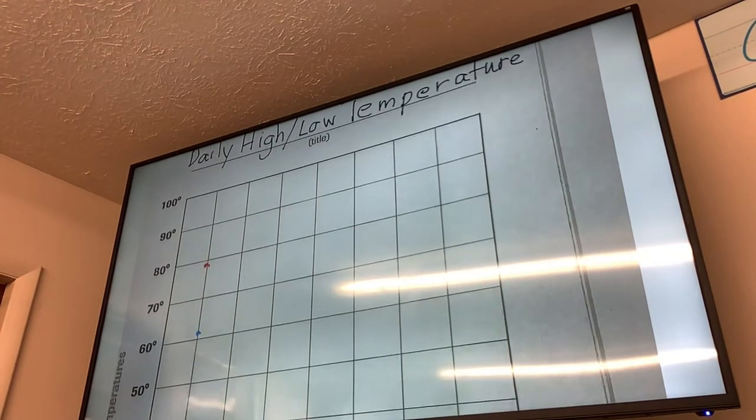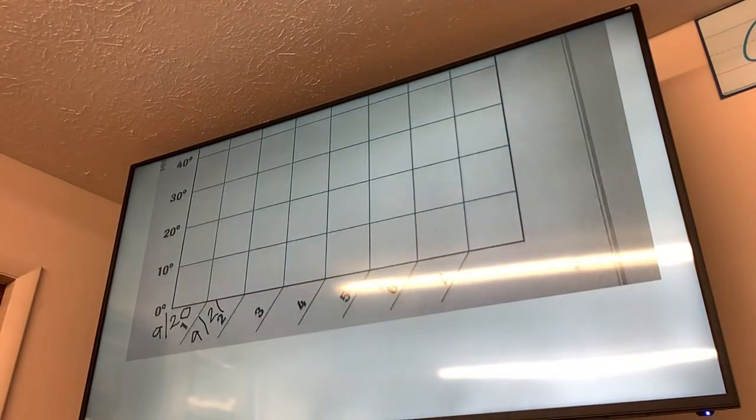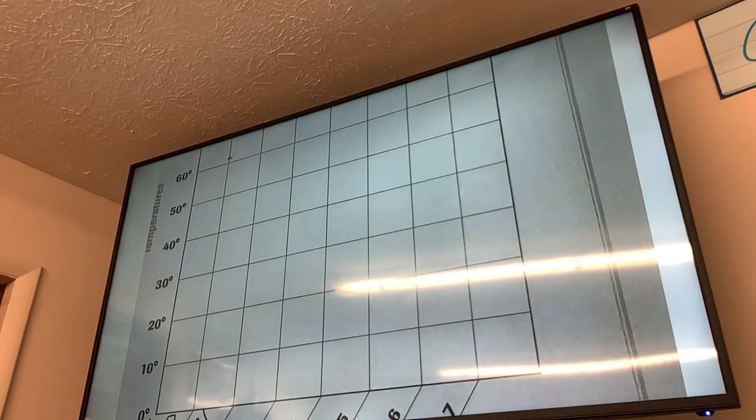All right, now let's go to the second line. Remember, we're going to follow line number 2 up. And when I look, it says that Tuesday's high is 81 and the low was 69. So 69 is really close to 70. Remember, you're going to use your blue.